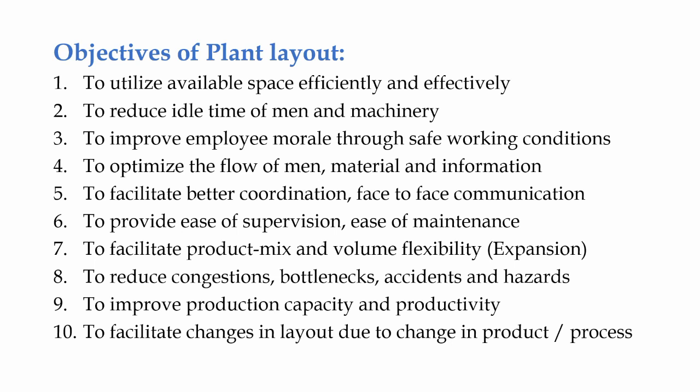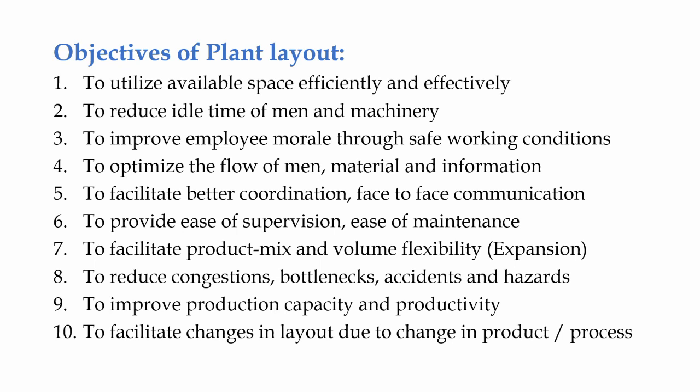So while calculating the space requirements for different departments, having different machinery of different capacities, we have to consider the space requirements for future expansion also, and to reduce congestions, bottlenecks, accidents and hazards.